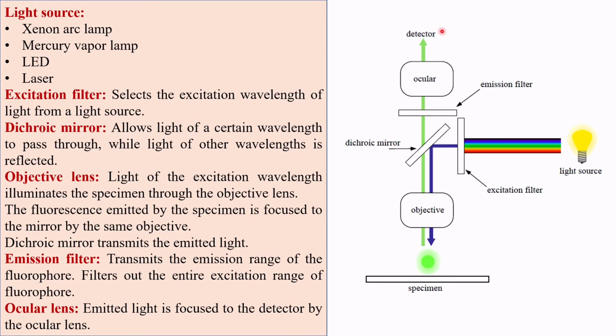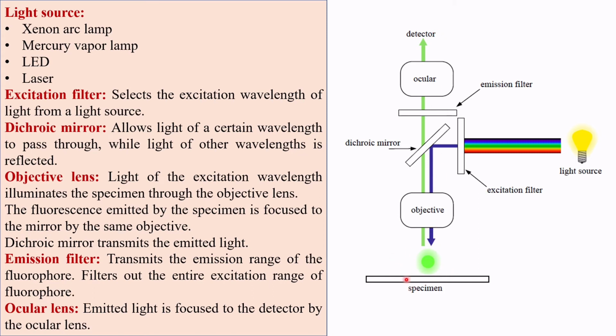Now the excitation light will hit the dichroic mirror. So this light is hitting the dichroic mirror. A dichroic mirror is a very specialized mirror. It allows light of a certain wavelength to pass through, while light of other wavelengths is reflected. Okay, so we can see blue light is reflected by the mirror and directly hits the specimen through the objective lens, right?